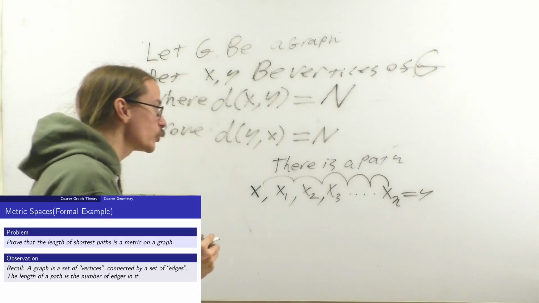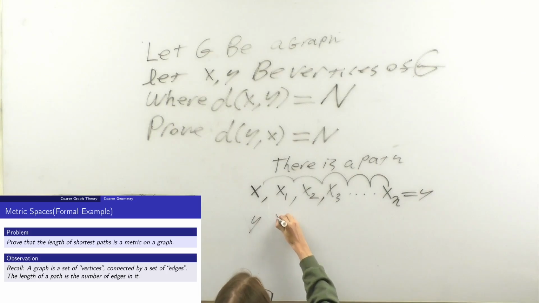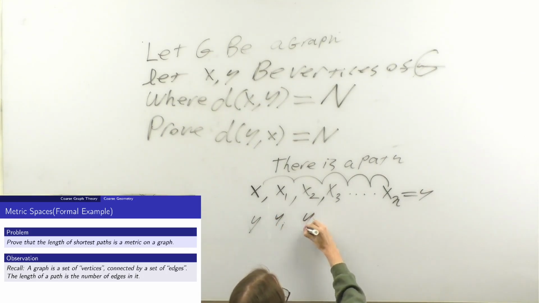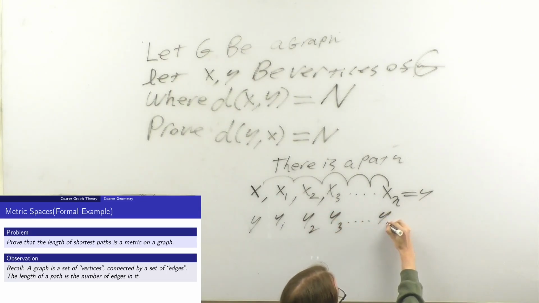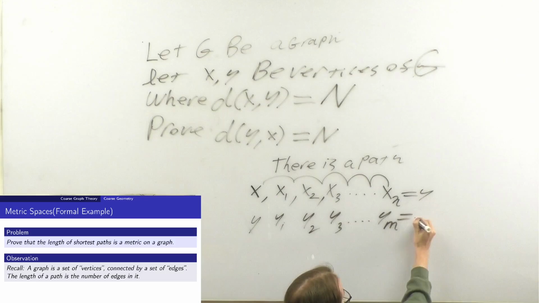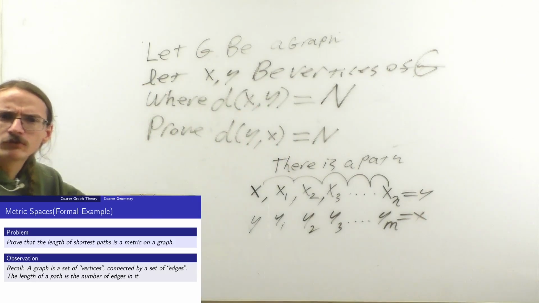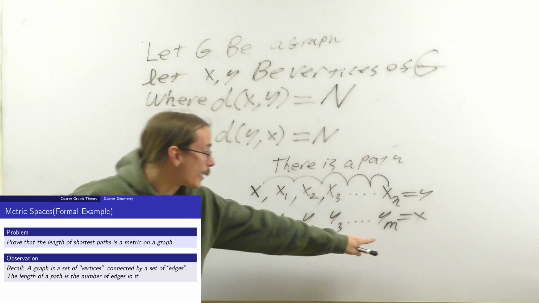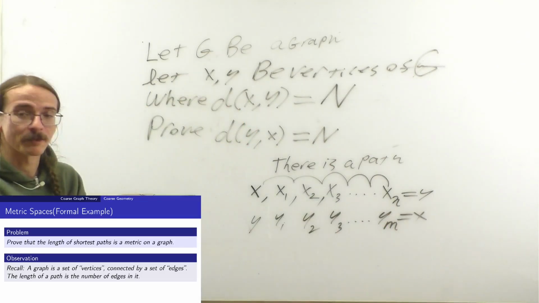Okay, so let's assume to a contradiction that there were a path that started at Y and went off, let's call it Y1, Y2, Y3, Ym, and let's say that is X. And we're going to assume to a contradiction that M is strictly less than N. Now what can I do with this path?